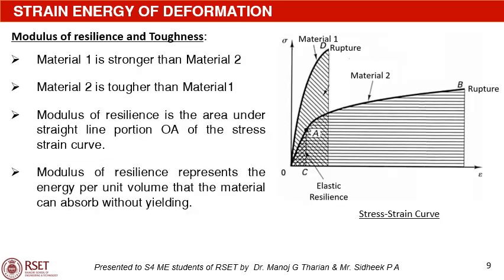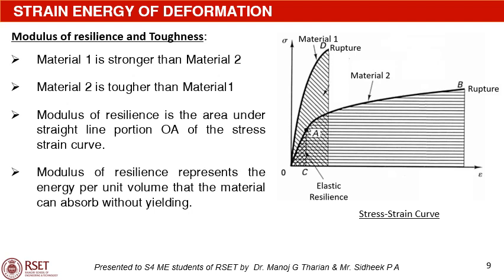Stress strain curves for two different materials, namely material 1 and material 2, are shown in the figure. As we can see, the stress value at the point of rupture for material 1 is much greater than that of material 2. So that means material 1 is stronger than material 2.